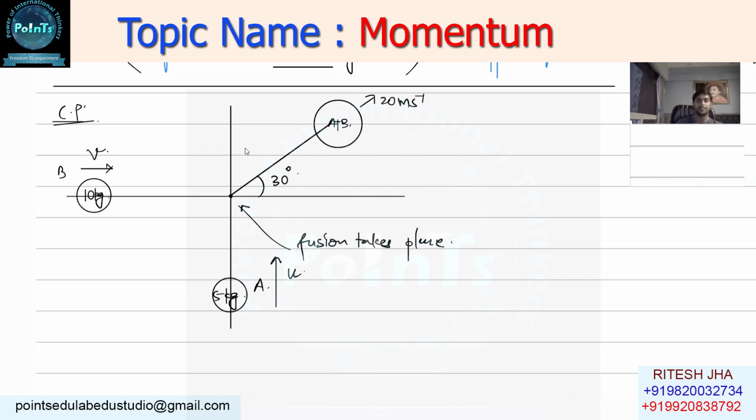So what you have to do is determine U and V. Find U and V. Come on, do it. Oh, we know the mass, okay.